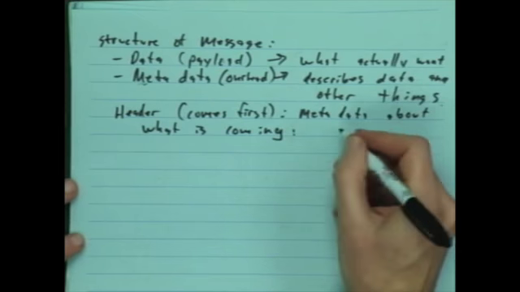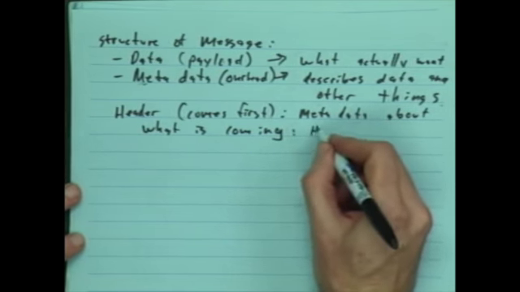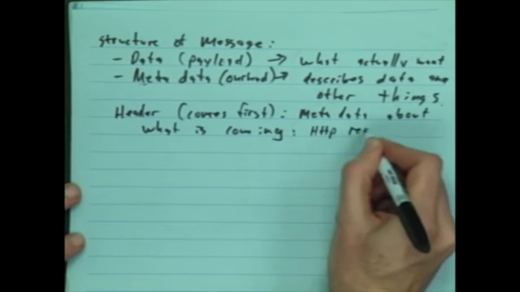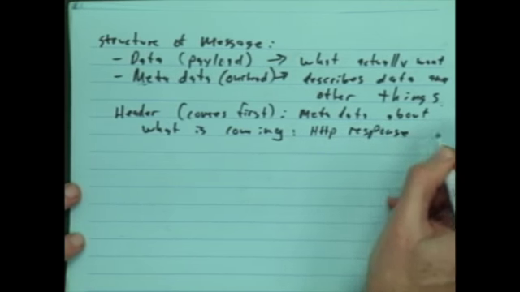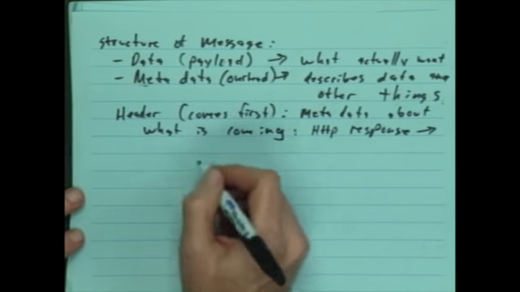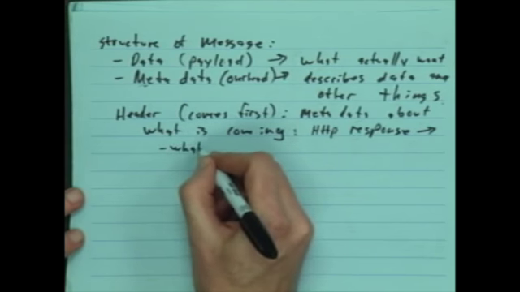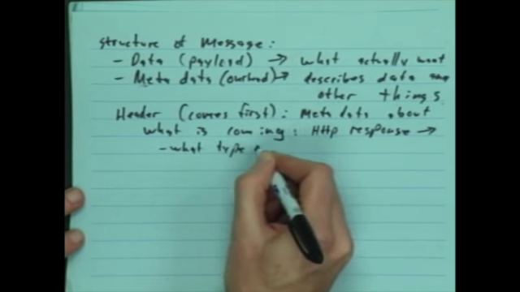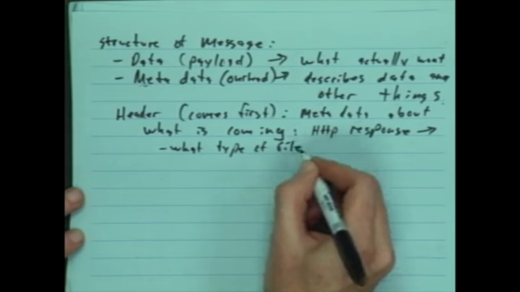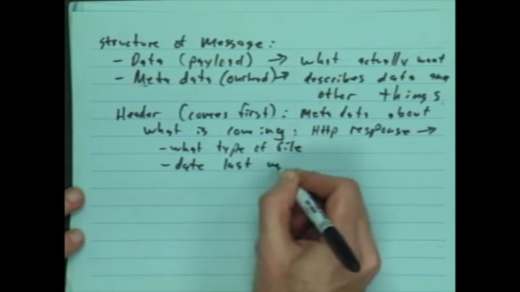For example, if I'm doing an HTTP response, we're going to put in data that describes the file. So we might have what type of file, the date it was last modified.